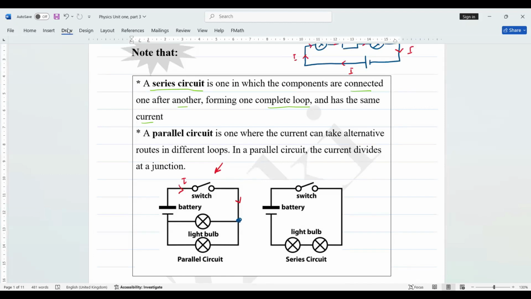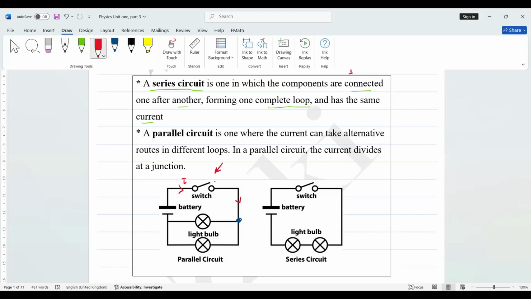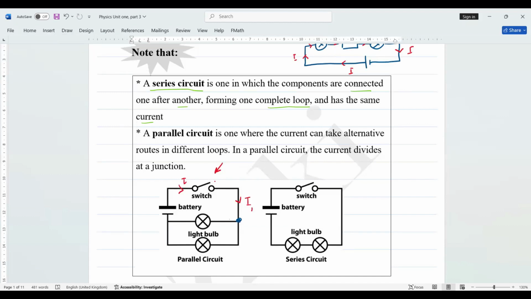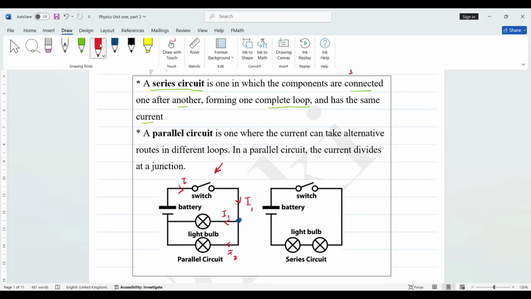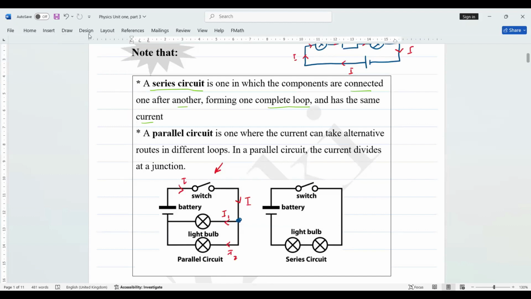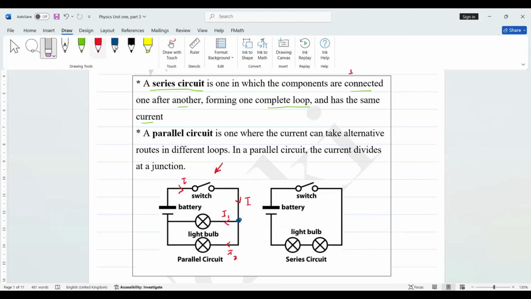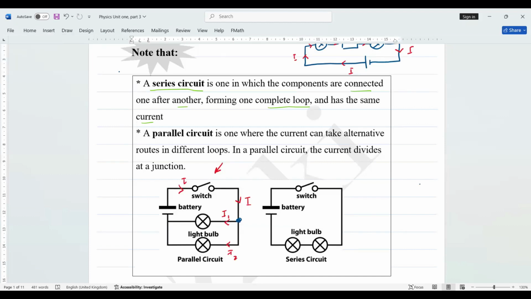The current I at this junction will be split into I1 and I2. So this is the difference between series and parallel.